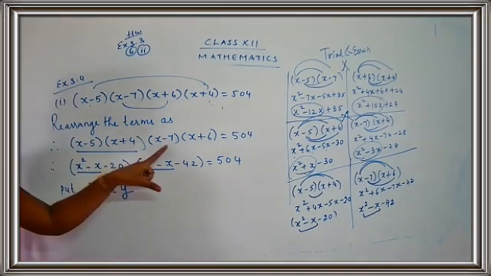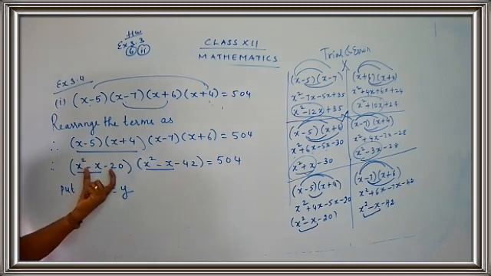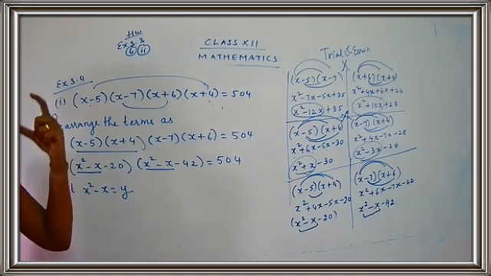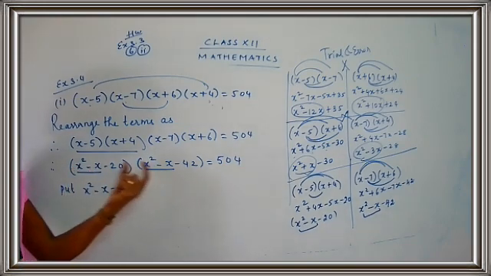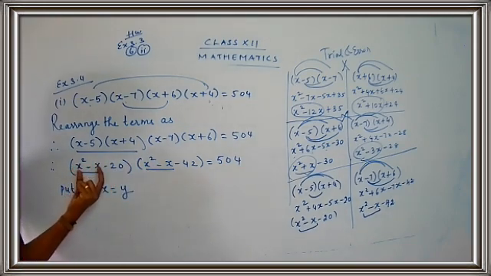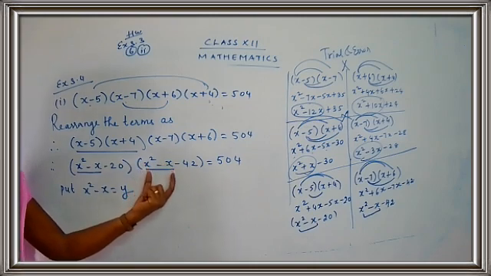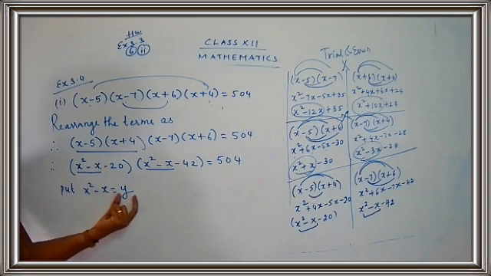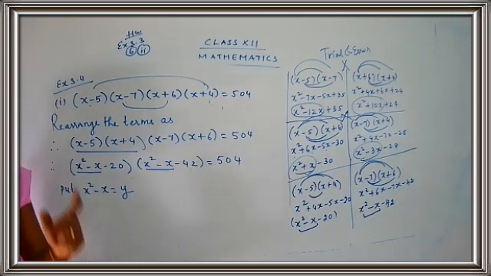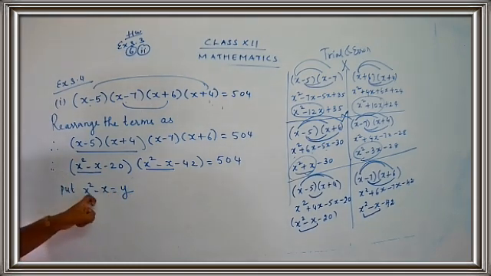After arranging the terms, you write down the answer for it. Now you see that the first term and the second term are same. So you are going to write this term as y, that is, you make two terms a single term. So put x square minus x is equal to y.